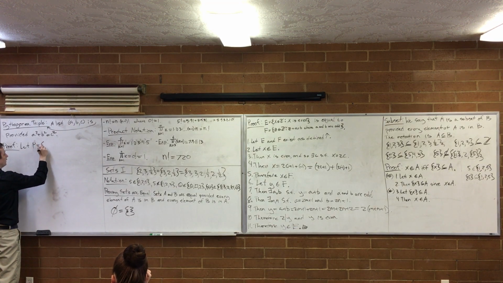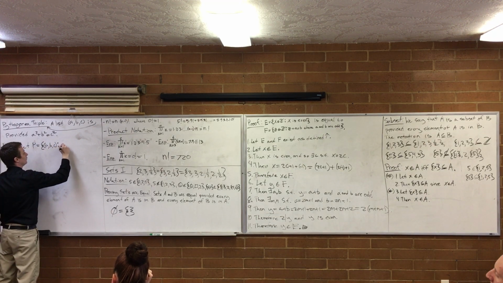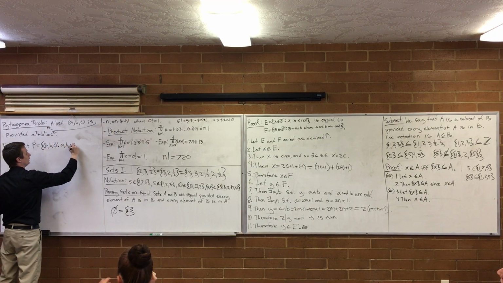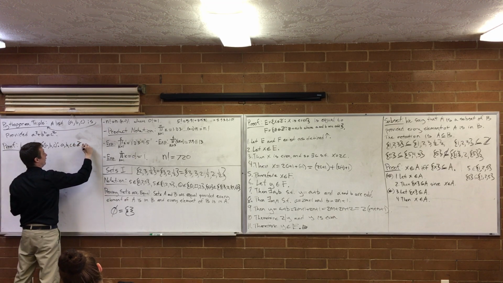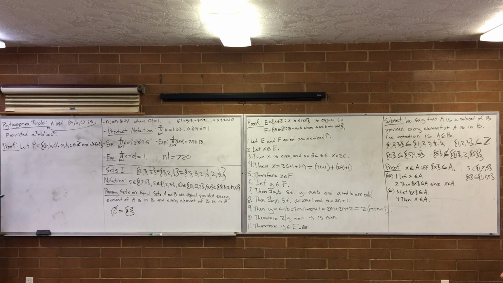Let P be the set of all lists of the form A, B, C, such that A, B, and C are integers, and A squared plus B squared equals C squared, using our set builder notation.